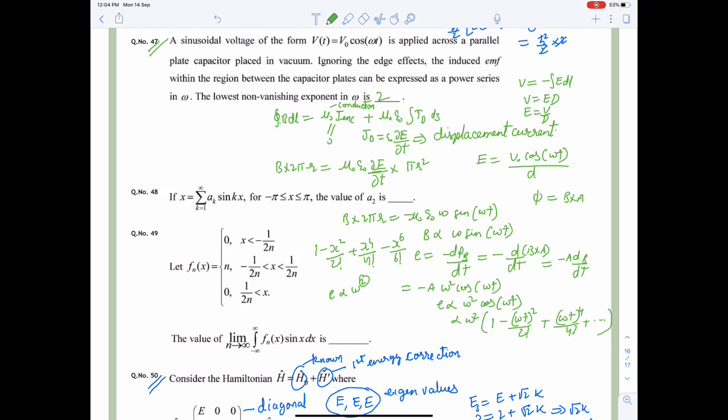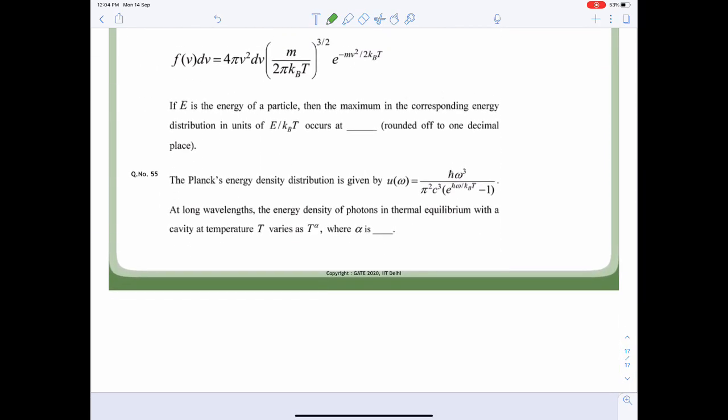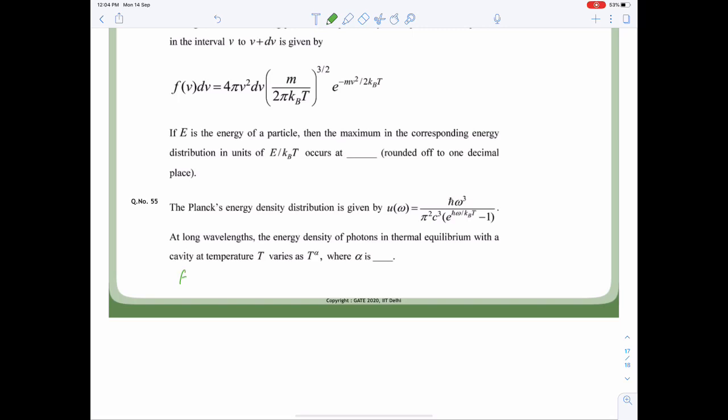First you have to understand the concept. The expansion of f(x) is given by a naught by 2 plus the sum from n equal to 1 to infinity of an cos 2n pi x upon 2a plus bn sine 2n pi x upon 2a.